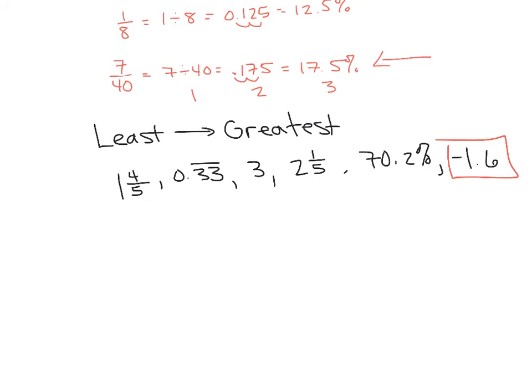But the way we can figure out the rest is we can put them all in the same form. So, same form is the first thing we're doing. And we're going to put them all in decimals. And you'll probably all put all of these in decimals because we're working with decimals and percents. And so 1 4/5, what you would do for that is you would take 4 divided by 5 and get 0.8.